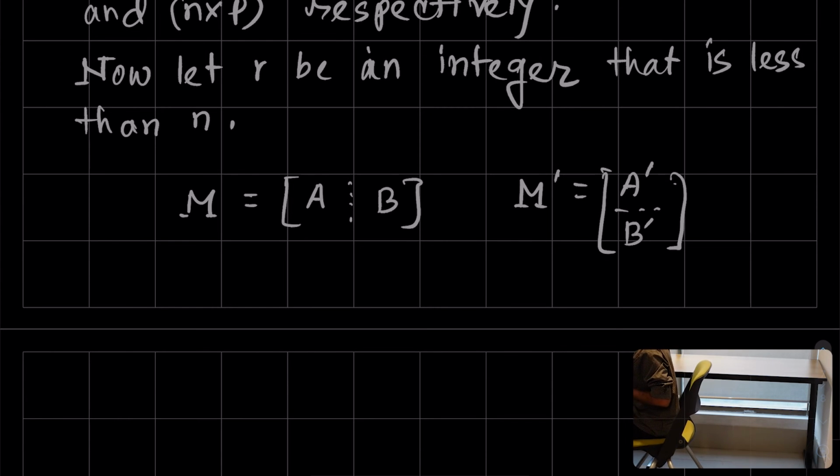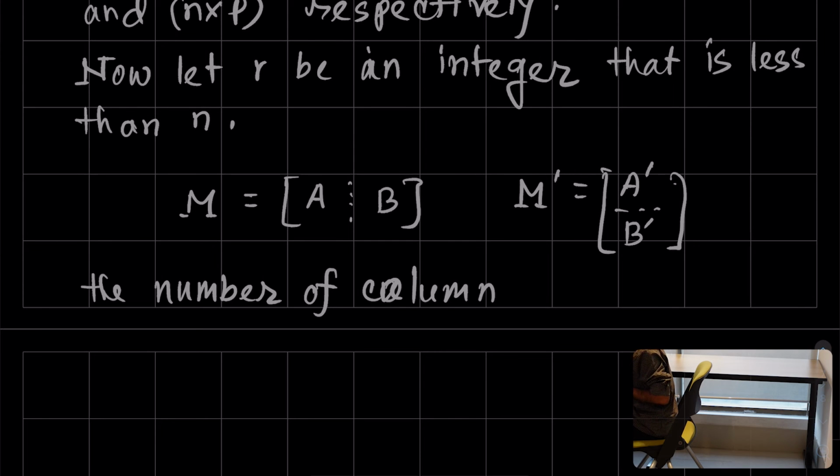Can you tell me what is the number of columns in the matrix A here? I decompose this matrix in such a way that the number of columns in A is R. Why am I taking this?